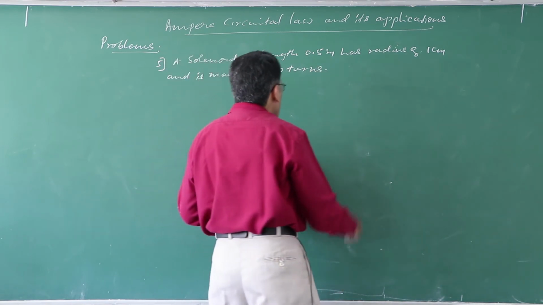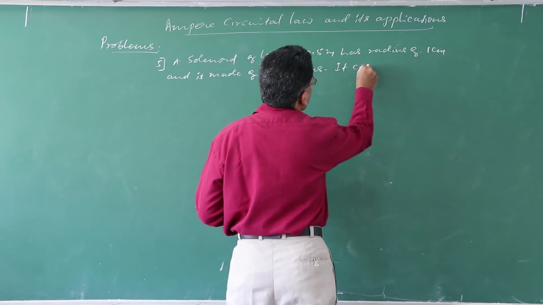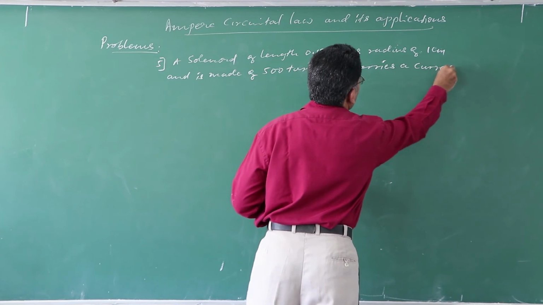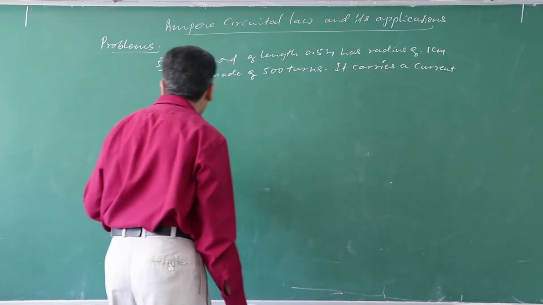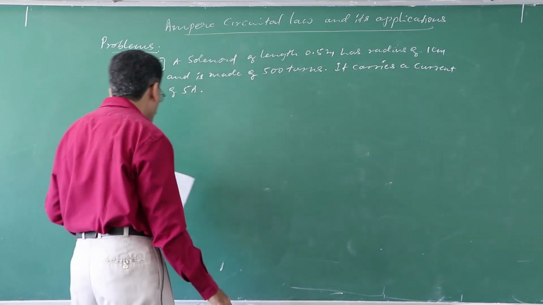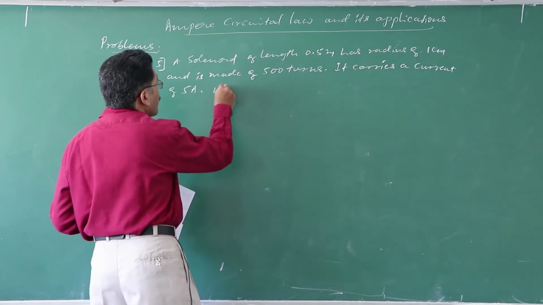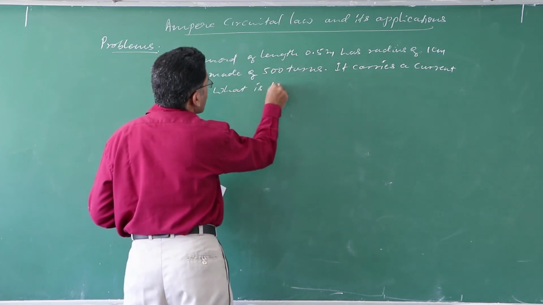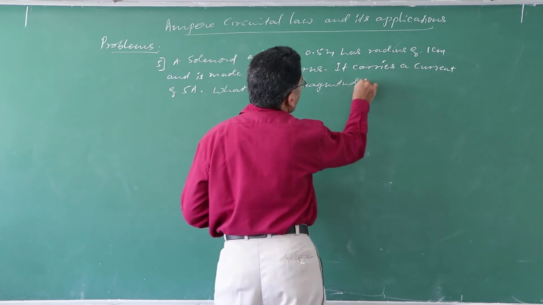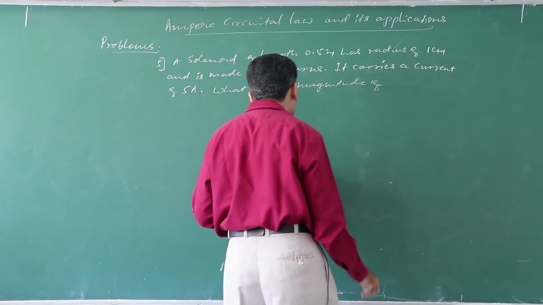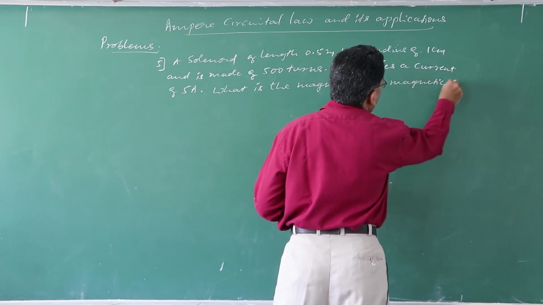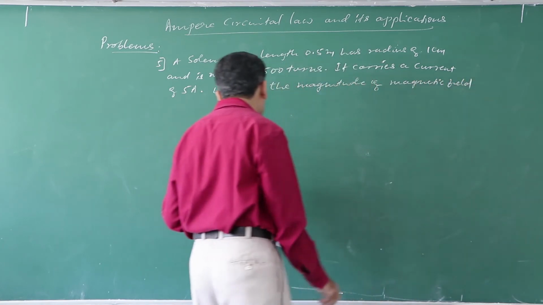It carries a current of 5 ampere. What is the magnitude of the magnetic field inside the solenoid?